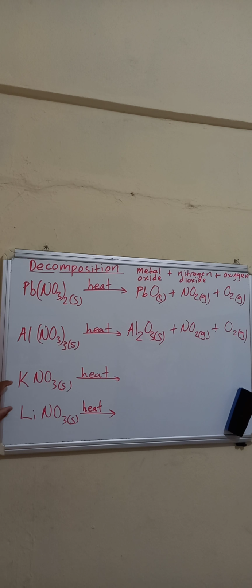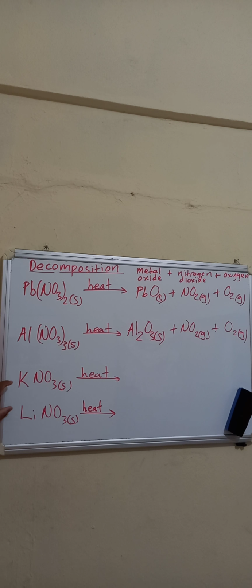So these are the exceptions. But for lithium, it will be lithium oxide, NO2 and oxygen. So the exceptions, sodium nitrate and potassium nitrate, will give you sodium nitrite and potassium nitrite plus oxygen.